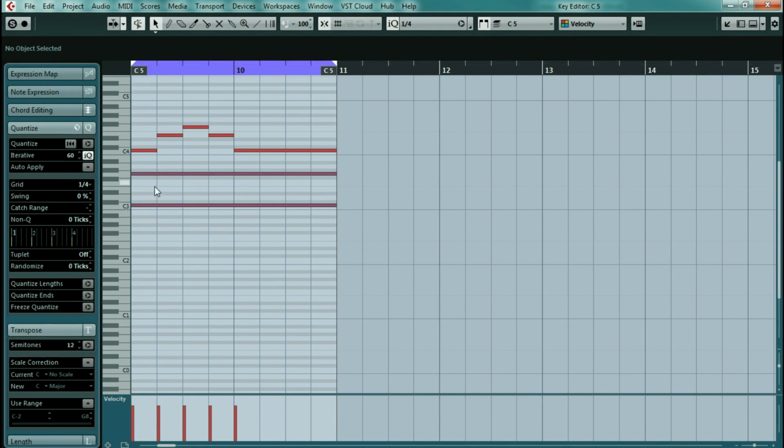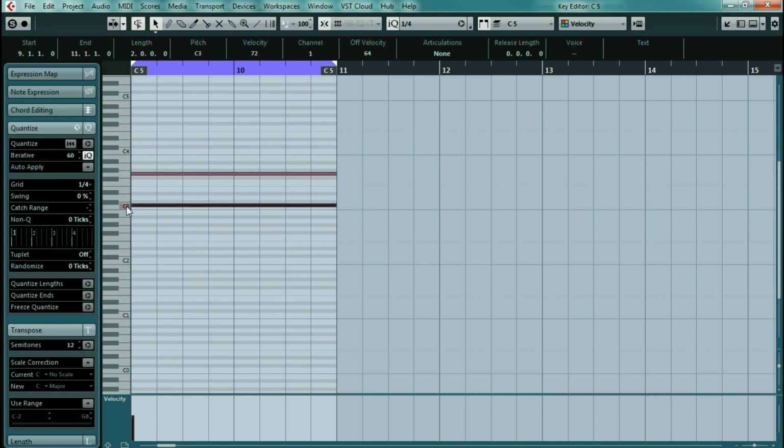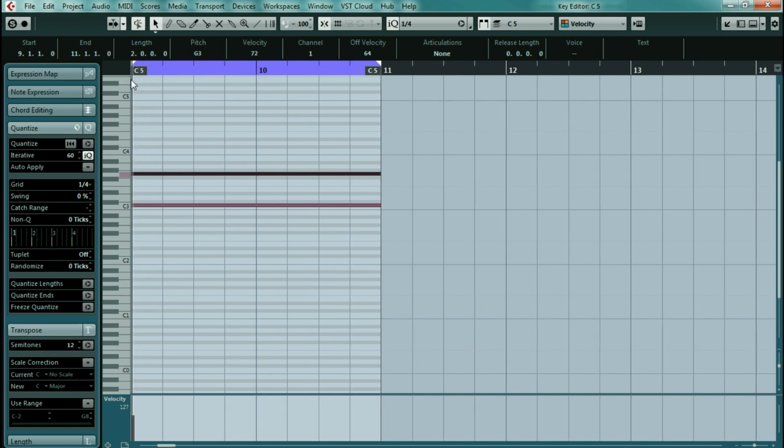That means the root and the fifth only. So what you have here is the root, that's the C, and then the fifth degree. 1, 2, 3, 4, 5, G. Okay? So when you play the C and the G together, you get a power chord.